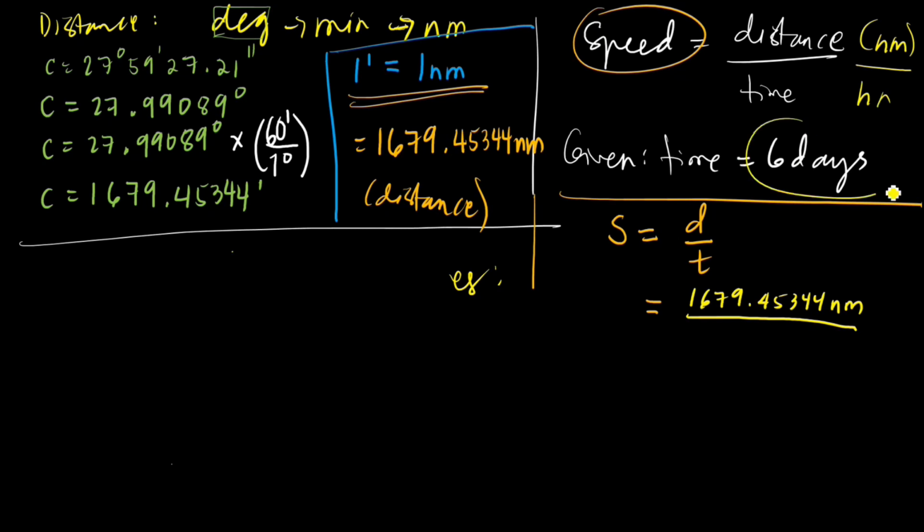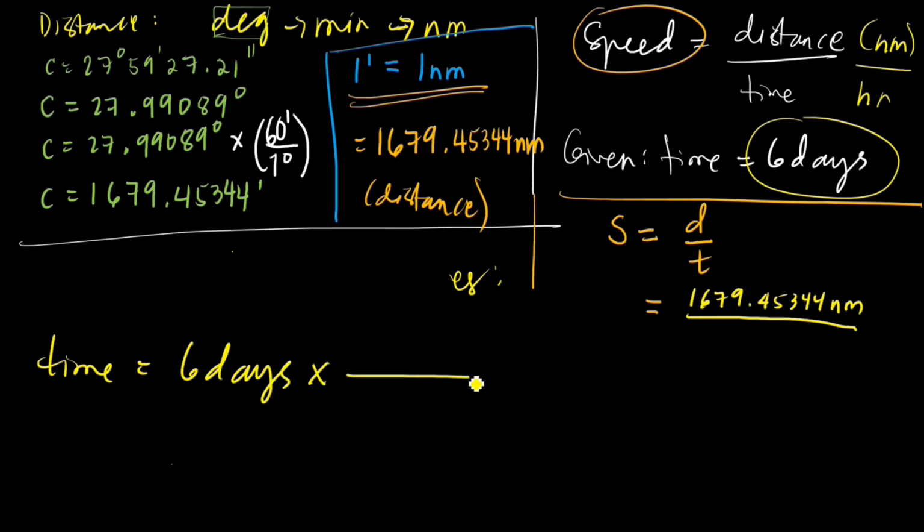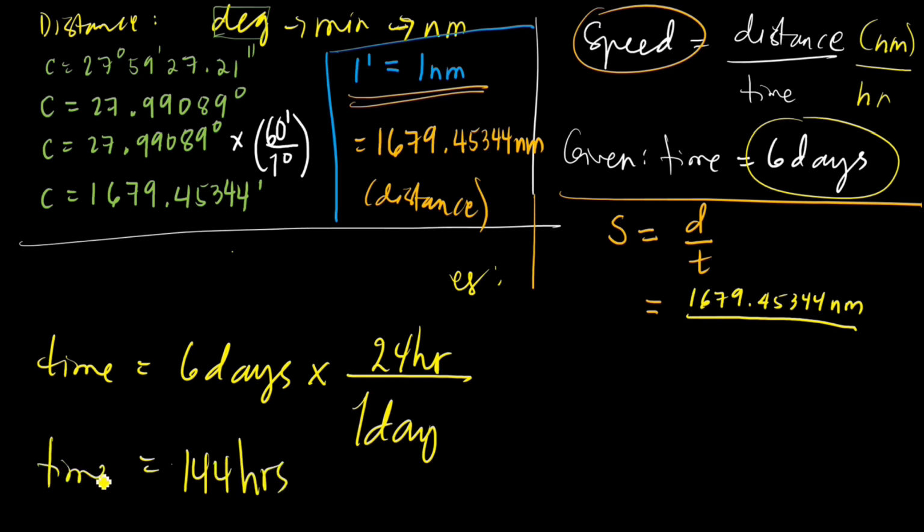It means that the 6 days, we need to convert it into hours. So for the time, 6 days, of course, you know that in 1 day, there are 24 hours. So that is 6 times 24. So we have 144 hours. And we're going to use this in solving for the speed. So we have 144 hours. Just use your calcu.